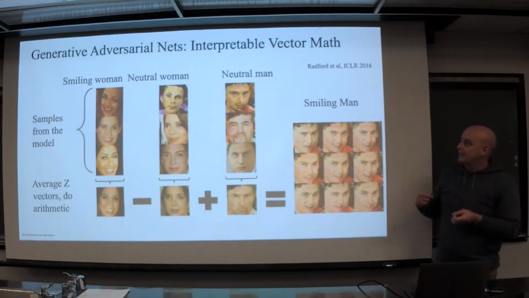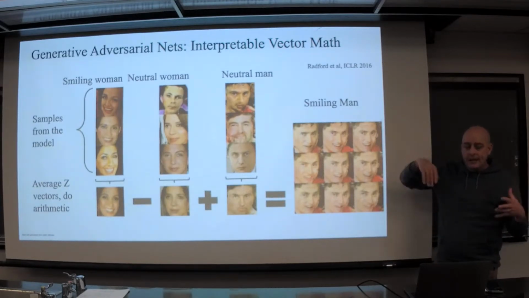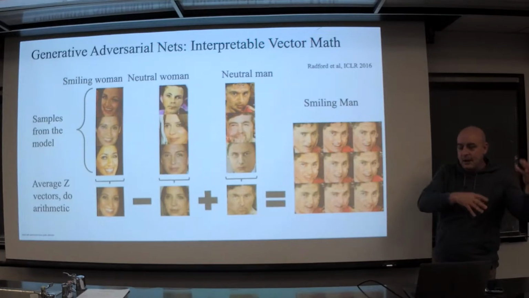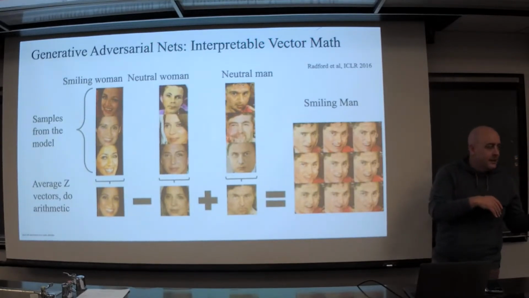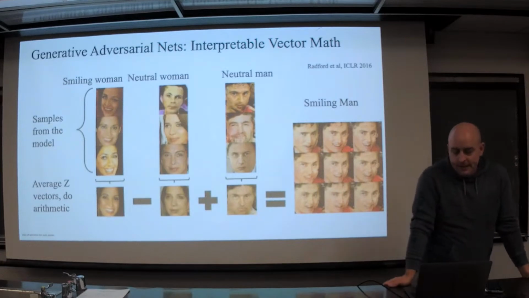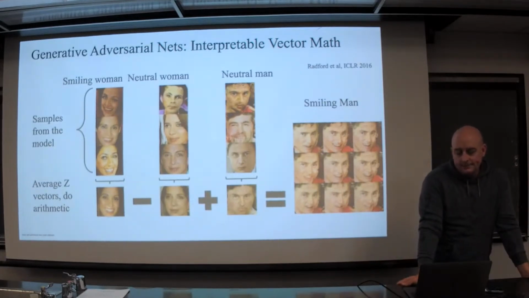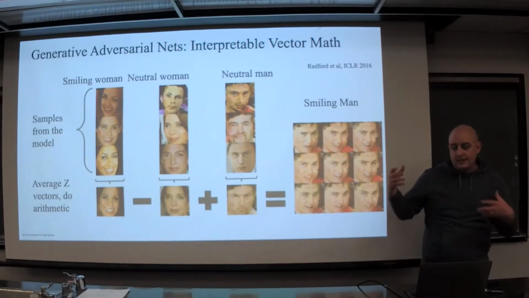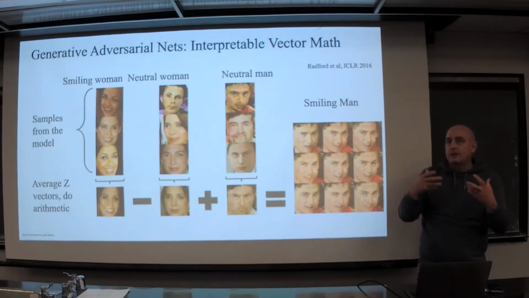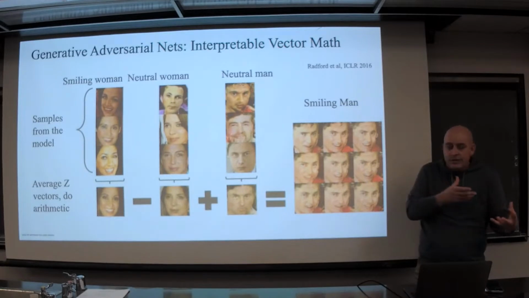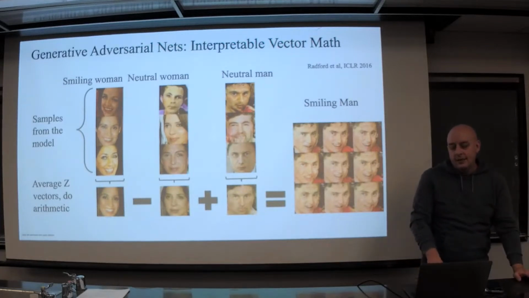So in a data set of these faces, things like smiles and not smiles, colors of eyes and hair, gender qualities and things like that, these are all things that it has to learn how to generate, and it's using some of the features in the latent space to encode those things.